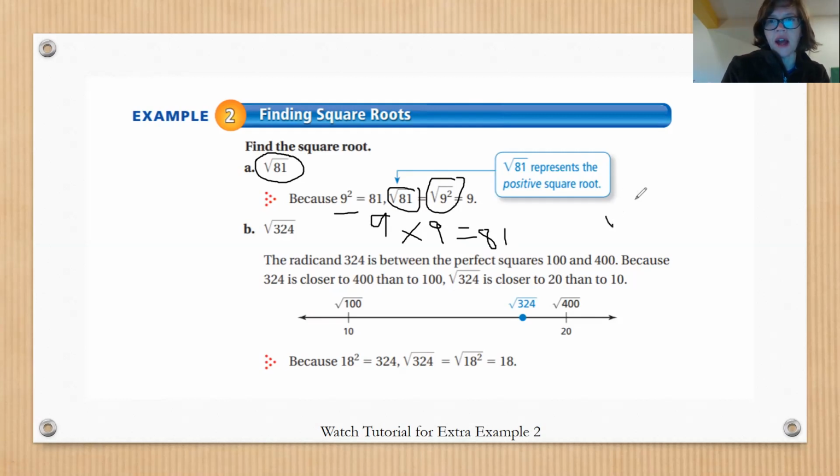So that means that the square root of 81 is equal, okay, to 9 squared, all right, which is equal to 9, okay? All right, we will look at another tutorial, and then we're going to do some practice, okay?